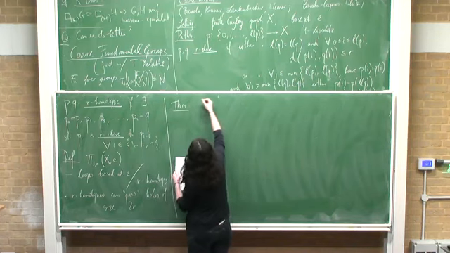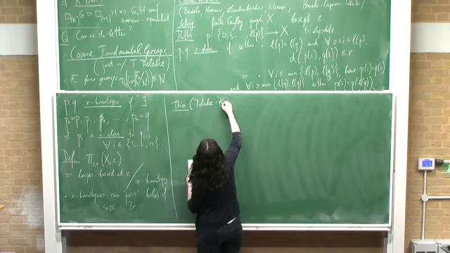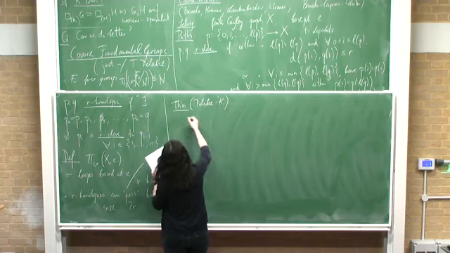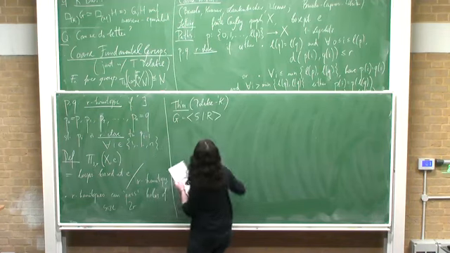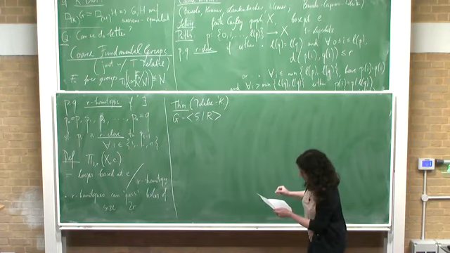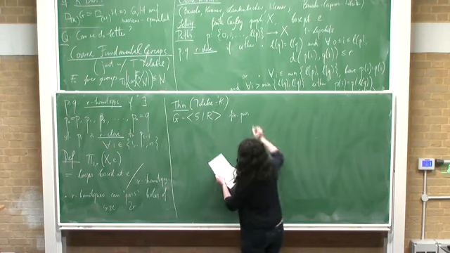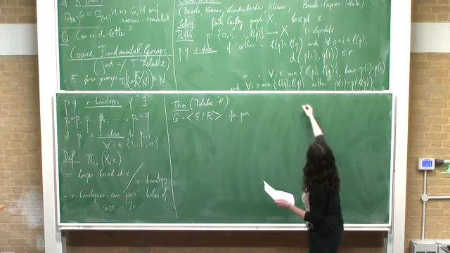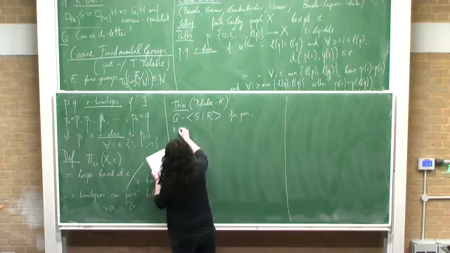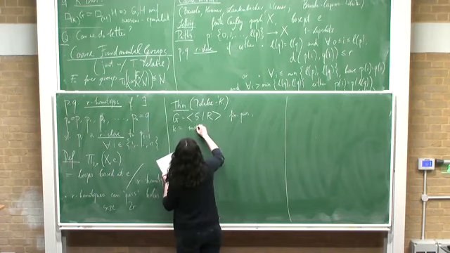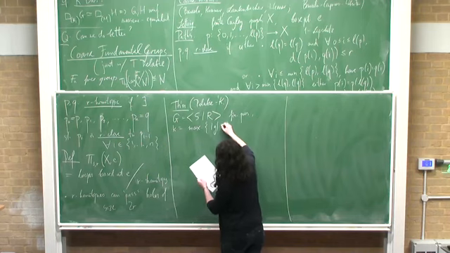Okay, and so the theorem is that if we're in a finitely presented group, and we take K to be the maximum over all the lengths of relators.